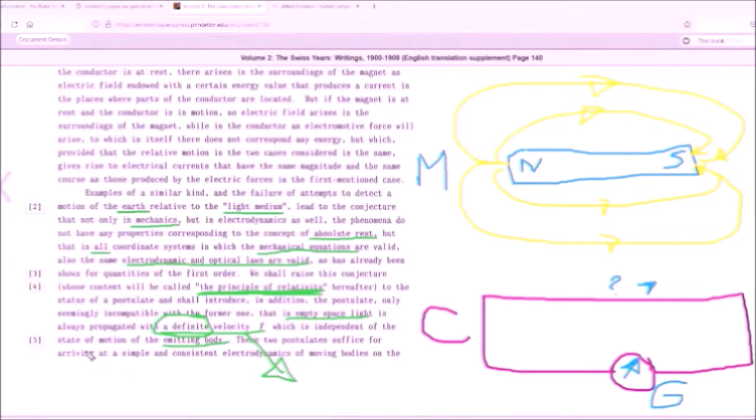Assuming that you cannot really get simple and consistent electrodynamics of moving bodies when all you assume is that the speed of light is constant and independent of the origin of emitting the light, when you have here a problem that has nothing to do with the light. Well, assuming that the magnetic field of the magnet is not independent of the source of the magnet.